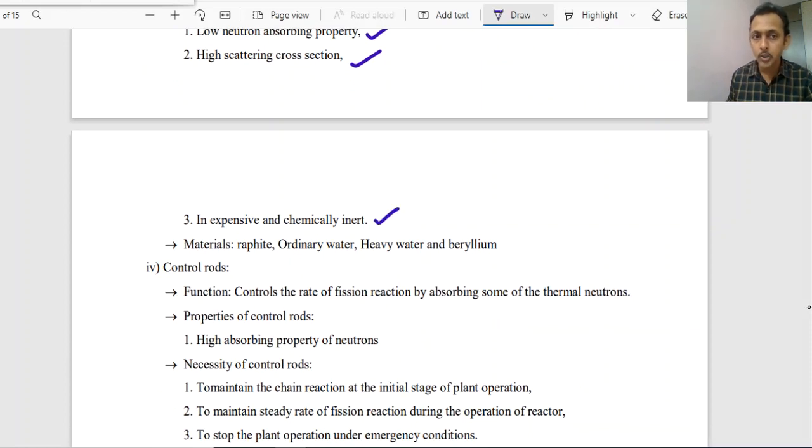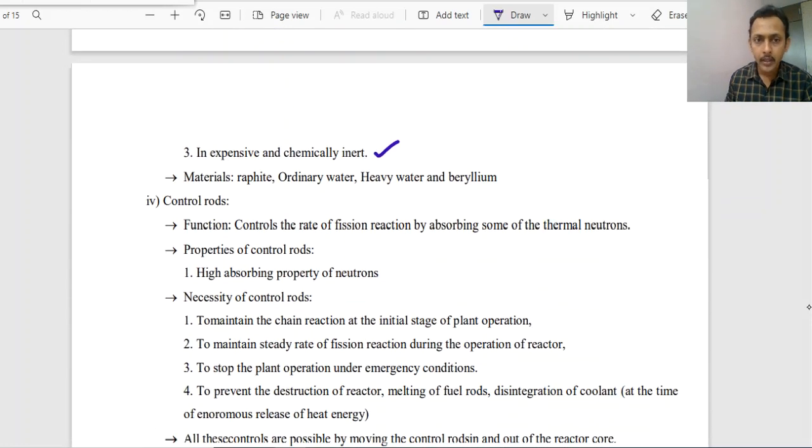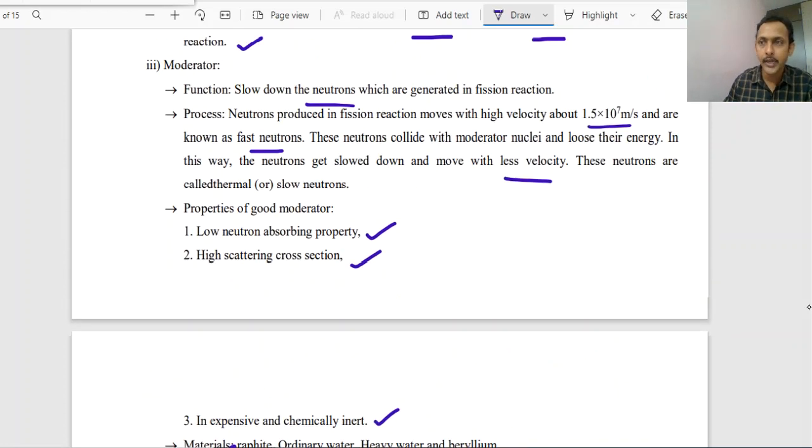The most commonly used materials as a moderator are graphite, ordinary water, heavy water, and beryllium. The function of the moderator is to slow down the fast moving neutrons, and that can be achieved with the help of the moderator.